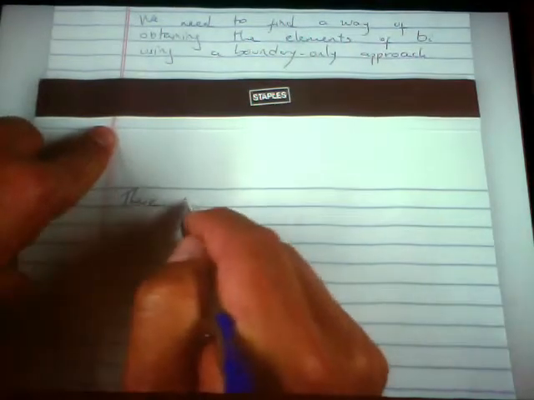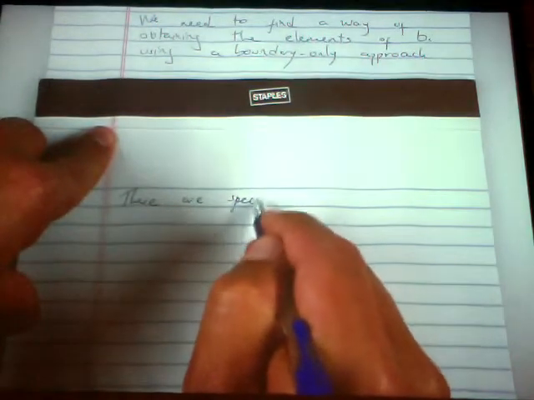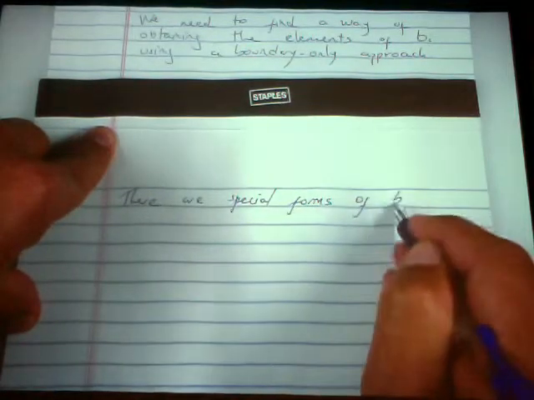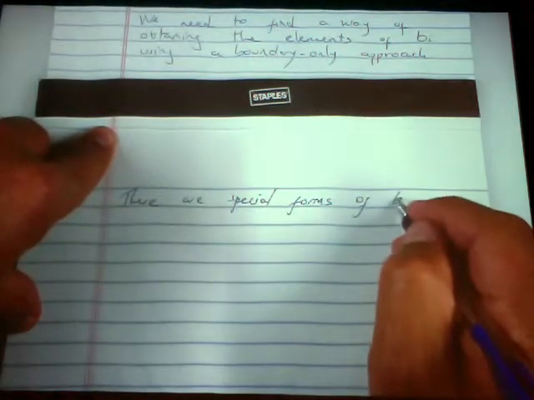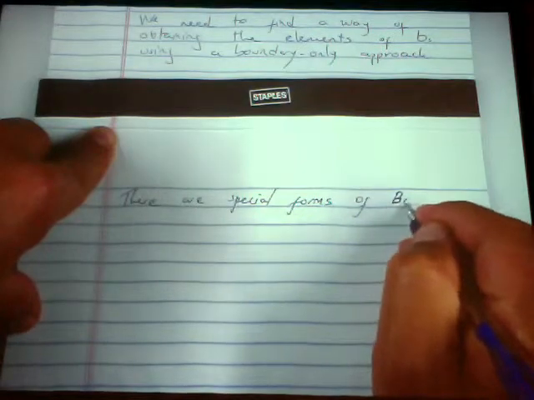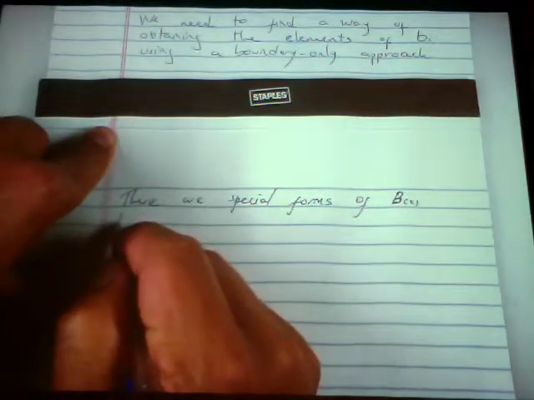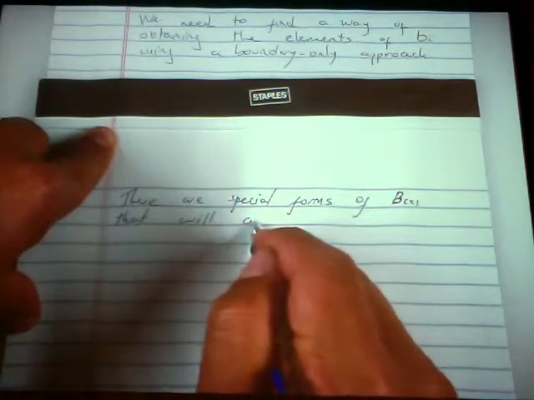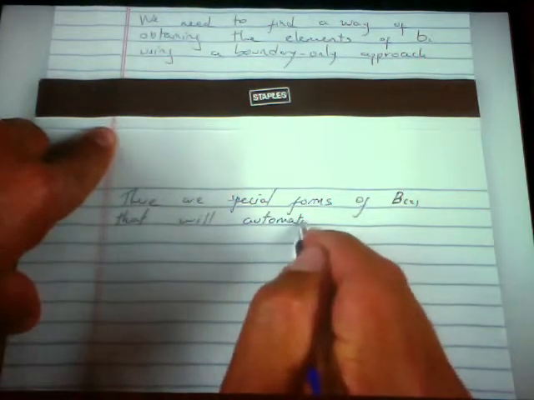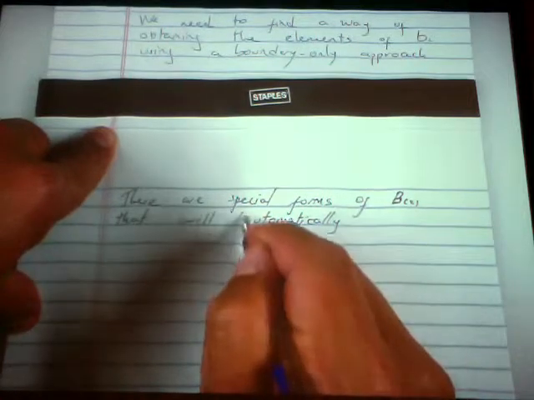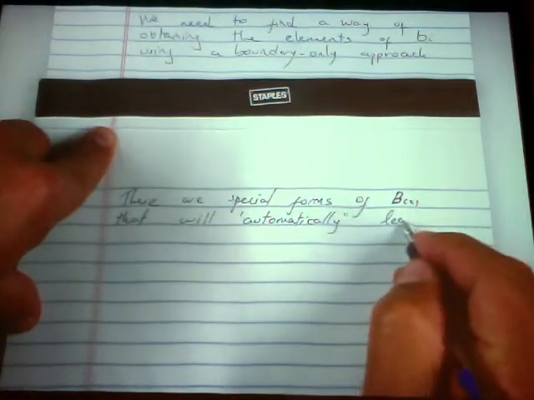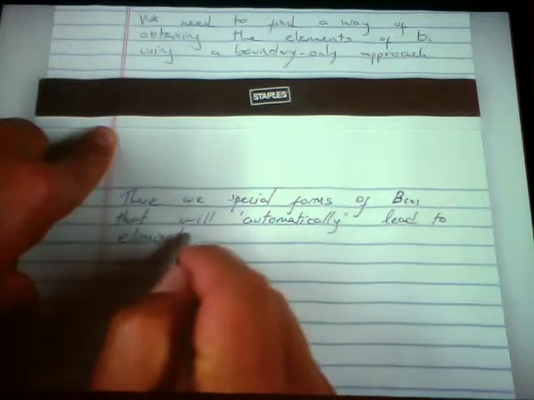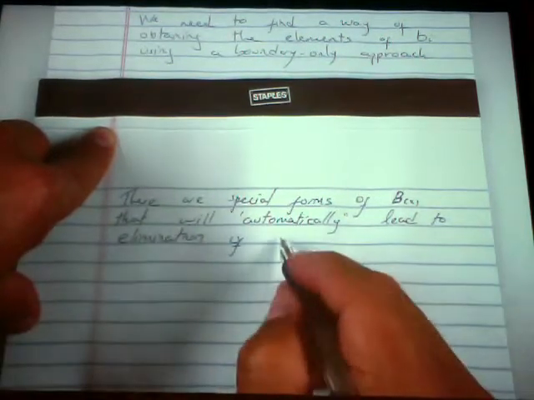There are special forms of B, let's call it B of X, that will automatically, or almost automatically, lead to elimination of the domain integral.